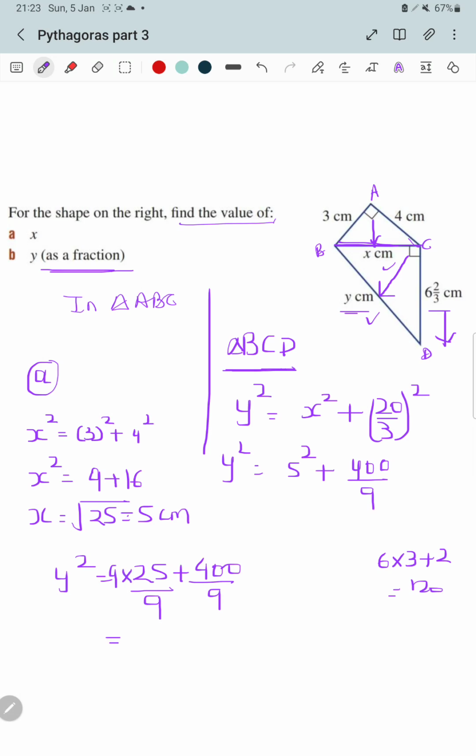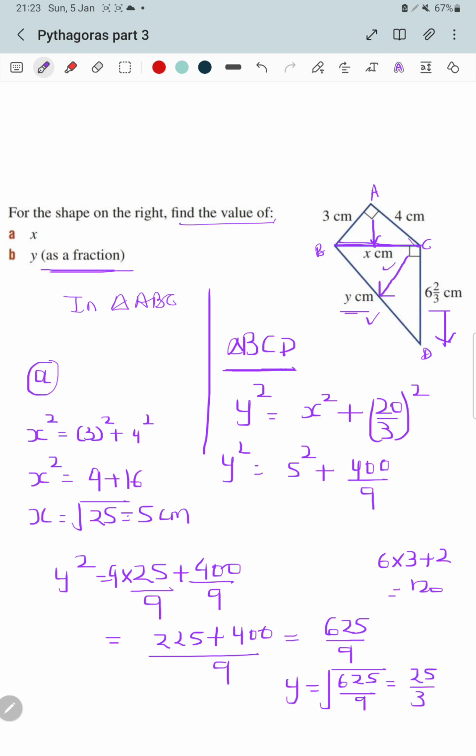So 9 times 25 is 225 plus 400, because now the denominators are the same. So I got 625 by 9. Now this is y squared, so y will be equal to the square root of 625 over 9, which is 25 over 3 centimeters. So this is the answer, 25 over 3 centimeters.